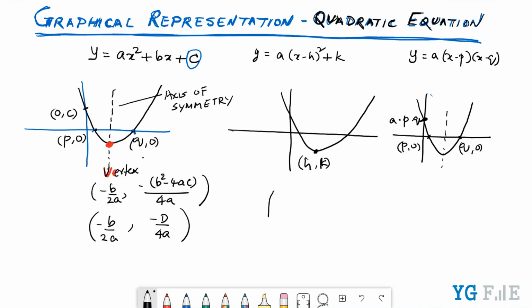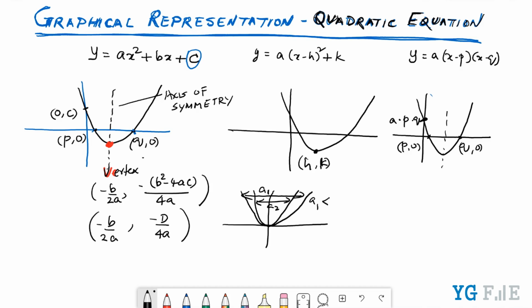Another thing: if you want to understand what a is here, if I draw two parabolas both passing through the origin, this stretch factor is called a. Graphically, the meaning of a is a stretch factor. If I say this is a1 and a2, the wider the parabola, the smaller the value.